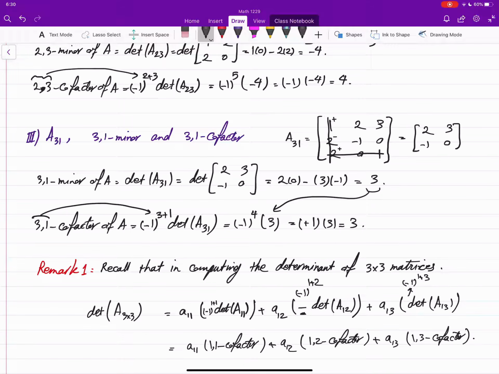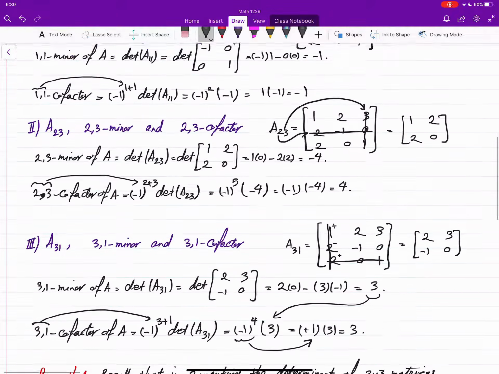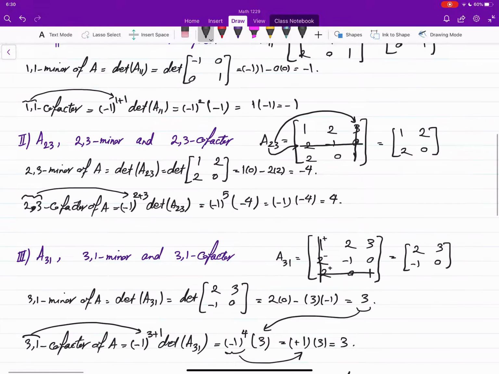For example, in the above example, you see this is plus, this is minus, this is plus, and that's why you see that this guy is plus. Or for this one here, this is plus, minus, plus, and then this is minus. So that's why you see that in the cofactor we have this -1 to the power 5, which is a negative sign.